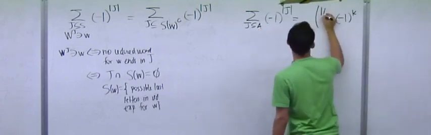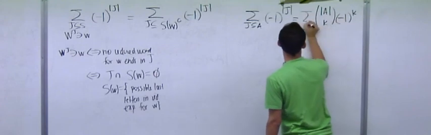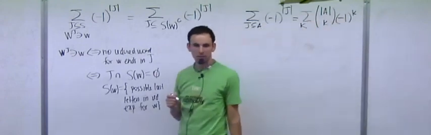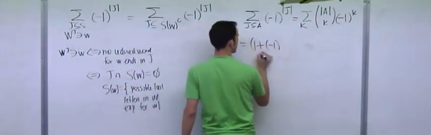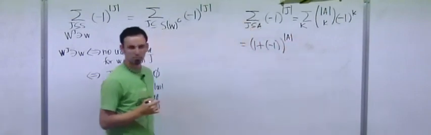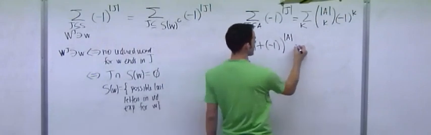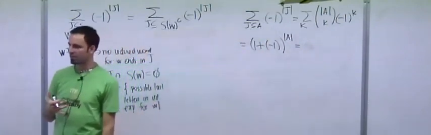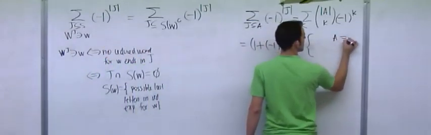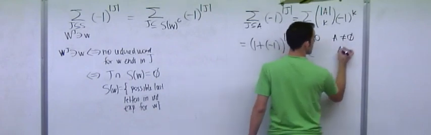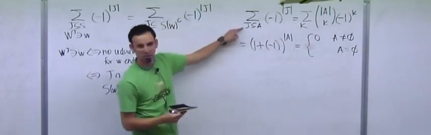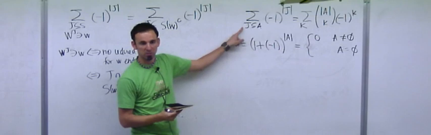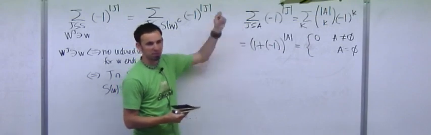So this is size of A, choose k, and you're summing up over all values of k. And this, by the binomial theorem, is 1 plus minus 1 to the size of A. Okay? And that means that this is basically 0 unless A is empty. So if A is not empty, then you get 0. What about if A is empty? If A is empty, then we're adding over the subsets of the empty set. The empty set only has one subset, which is the empty set. And we add minus 1 to the size of it, so that's 1.